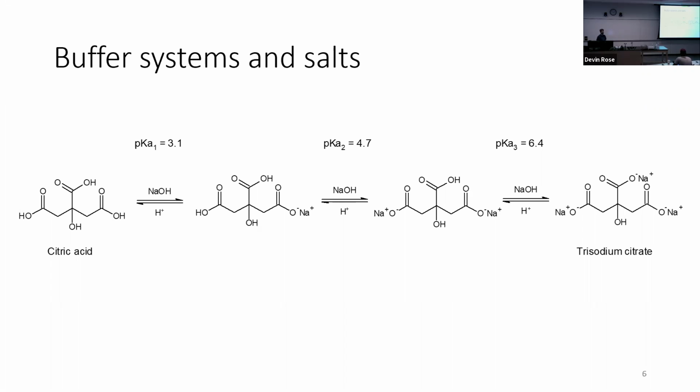At very low pH, all the acidic protons are going to be there, so it's going to be fully protonated. As we raise the pH up to the pKa, so at pKa 1, which was pH 3.1, what does that mean? What does pKa mean?